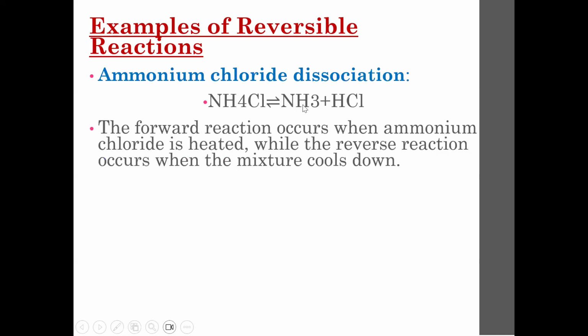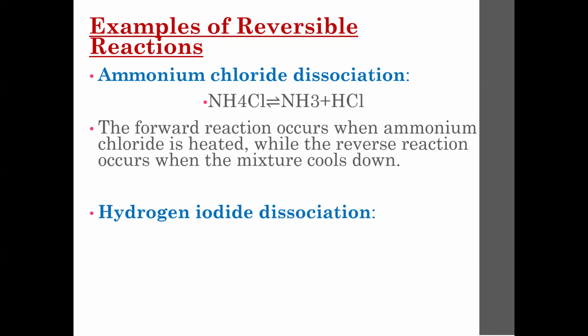So there is an equilibrium. The forward reaction occurs when the ammonium chloride is heated, while the reverse reaction occurs when the mixture cools down. Which means this reaction is endothermic. When you heat it up, the products will be formed. When you cool it down, the reactant will be formed.